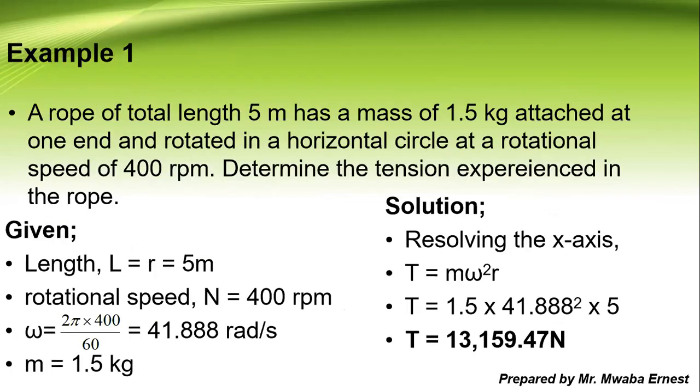So that's how come we have this tension, which is acting towards the center, equals the centrifugal force, which is acting away from the center. So you have T being equal to mass times angular velocity squared times the radius of the path. When you compute these, you should be able to find that answer. You can always verify with your calculators.